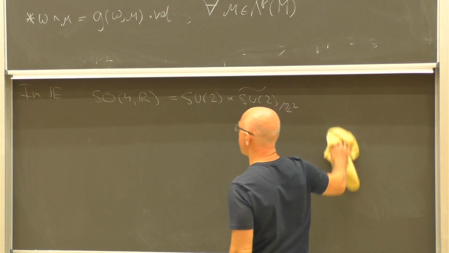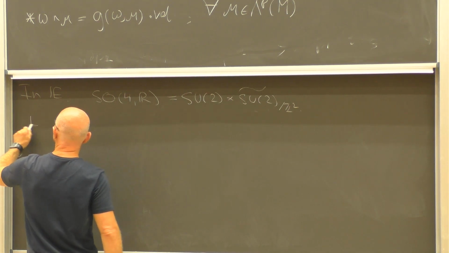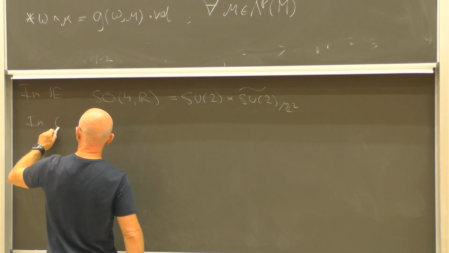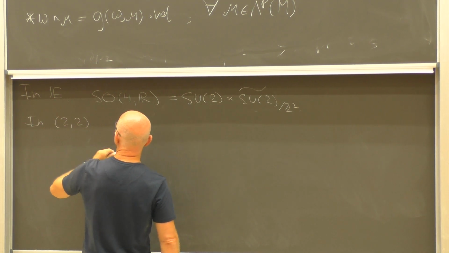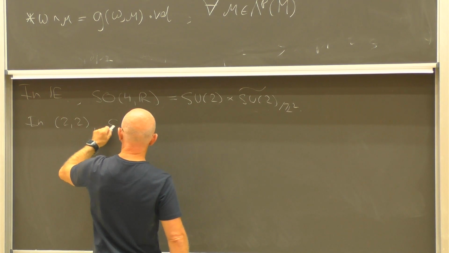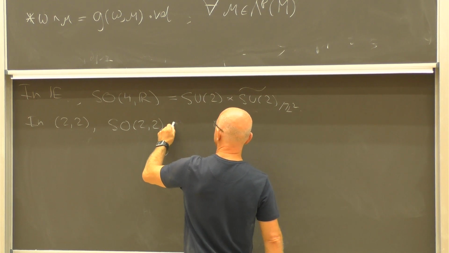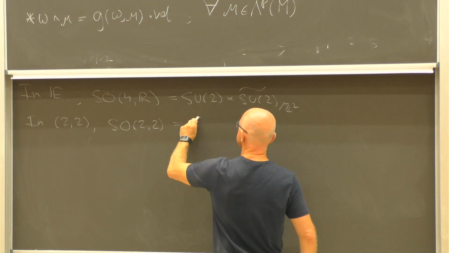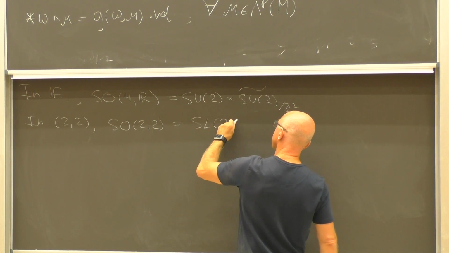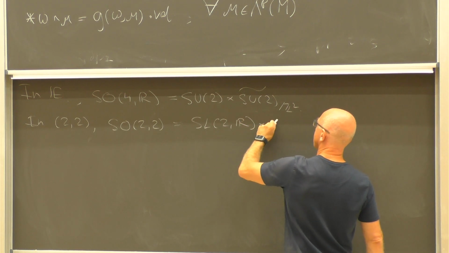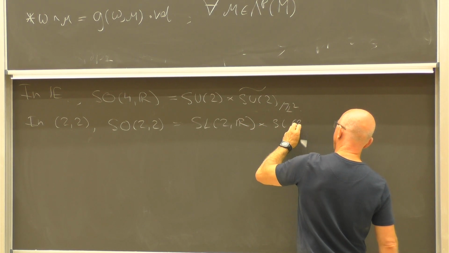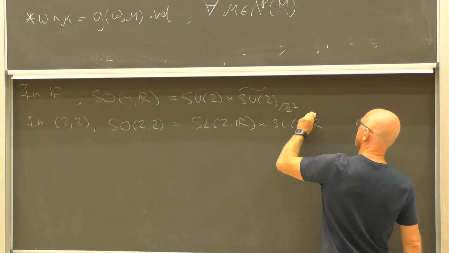Okay. And in this 2,2 signature, the relevant orthogonal group is SO22, and that's a product of SL2R and SL2R tilde.